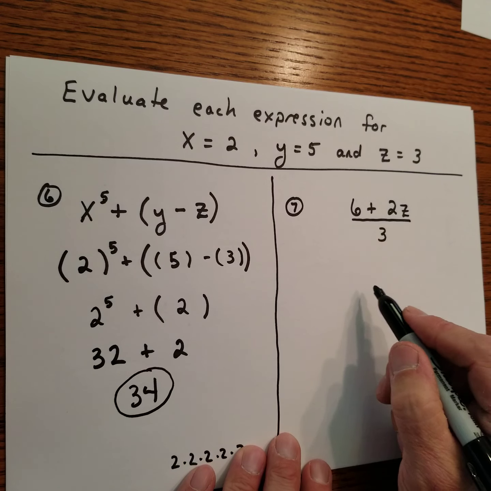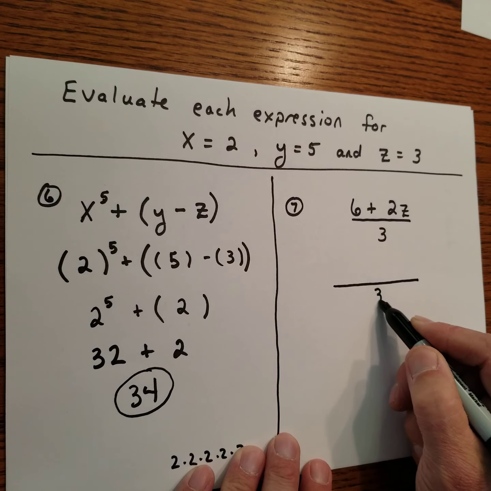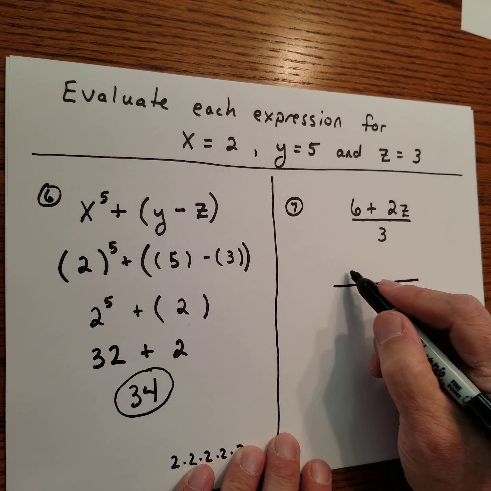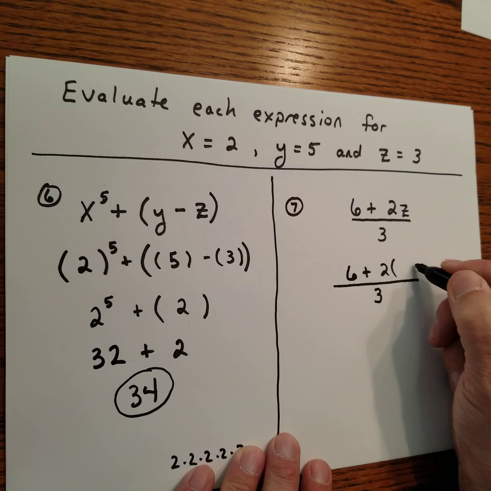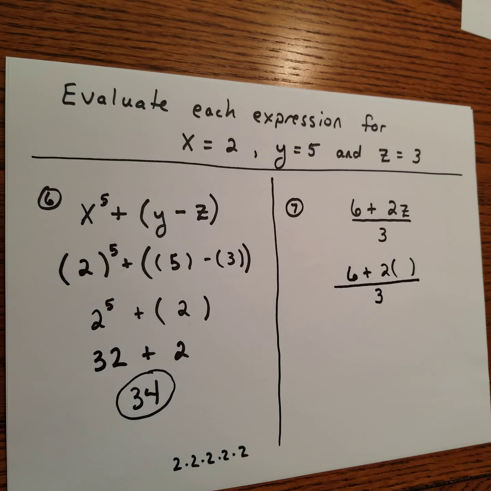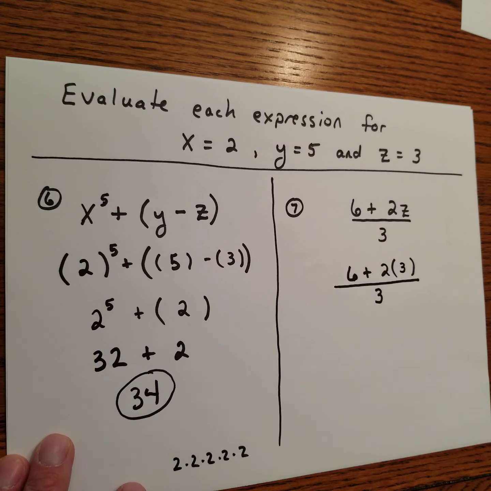Let's try number 7. It's a fraction with a 3 in the bottom and 6 plus 2z in the top. I know that z's in these problems are 3's. We'll plug in a 3.